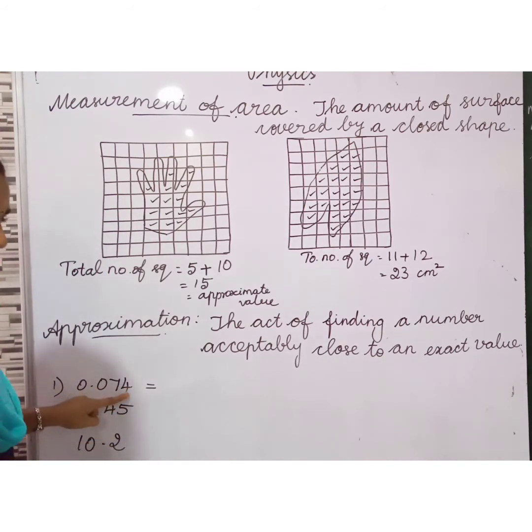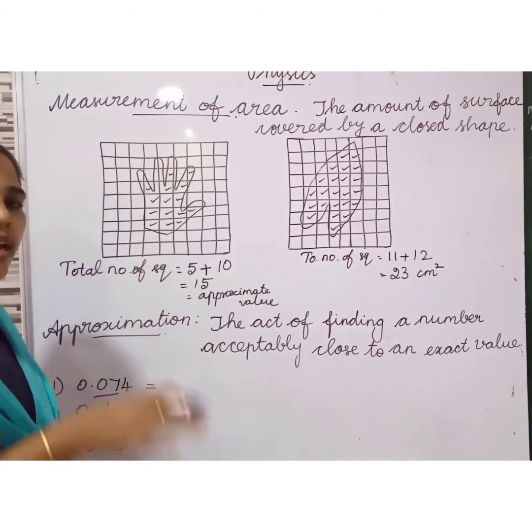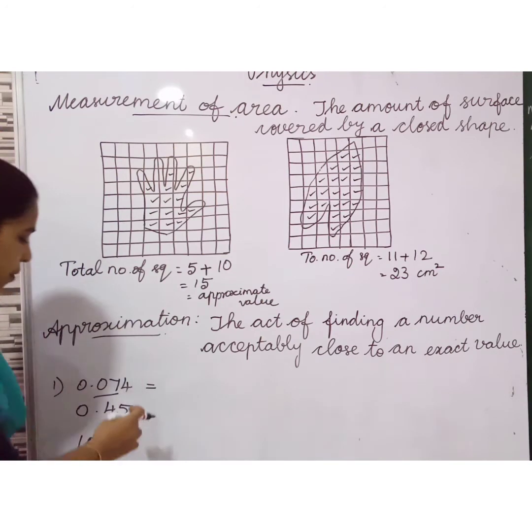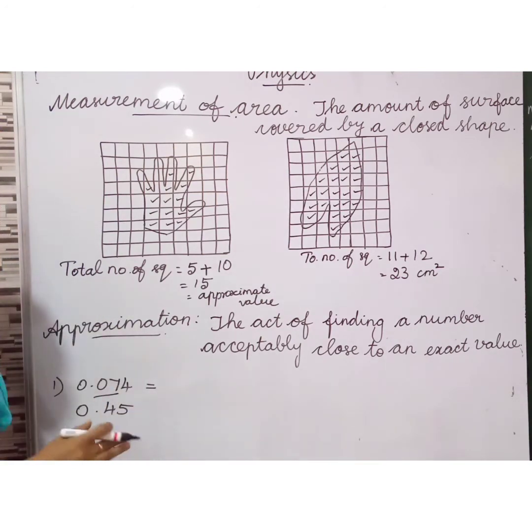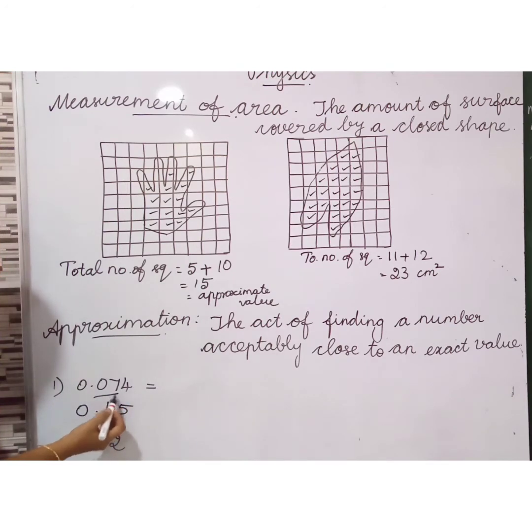If the first digit is less than 5, we write only the remaining numbers; don't write the first digit. But if the number is greater than or equal to 5, we have to add one more to the number. Okay. So listen here.